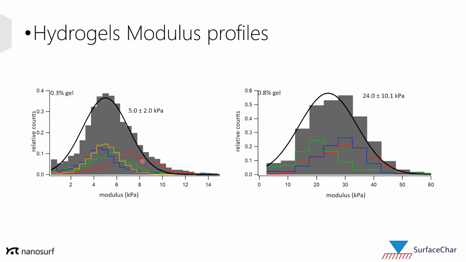This hydrogel example is measuring at 5 and 24 kilopascals, where you can create force maps, measure different samples and average them together, and get accurate moduli of these very soft hydrogels that otherwise are impossible to measure on this length scale.